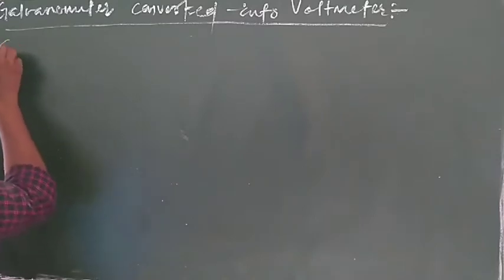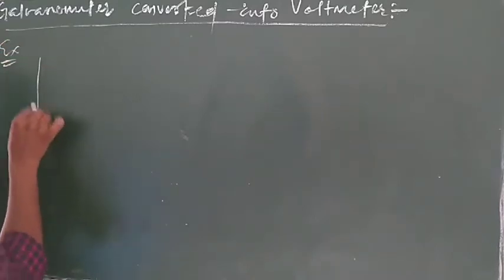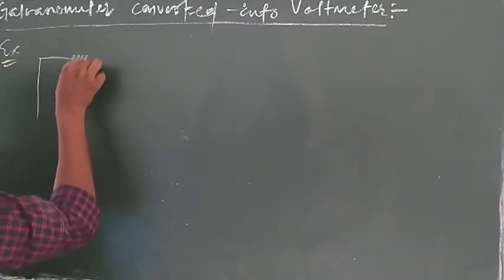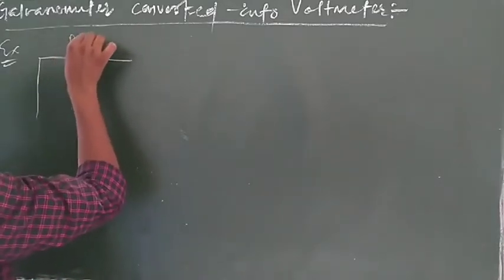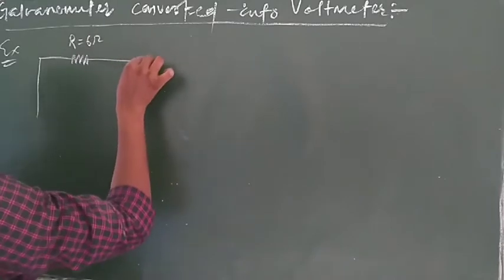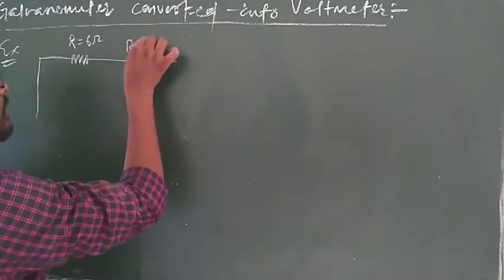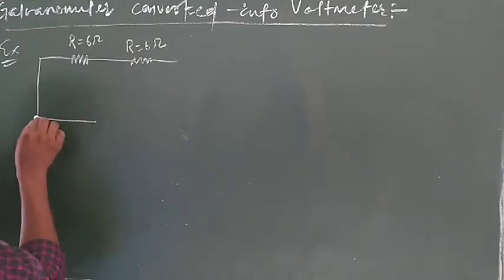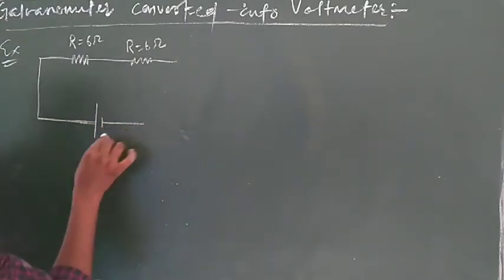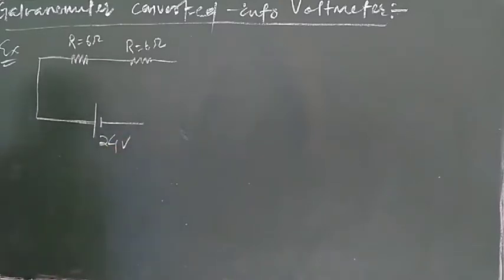Suppose one example. Suppose we have two resistors. This resistance R equal to 6 ohm and another resistor R equal to 6 ohm, connected across a potential difference of 24 volts.